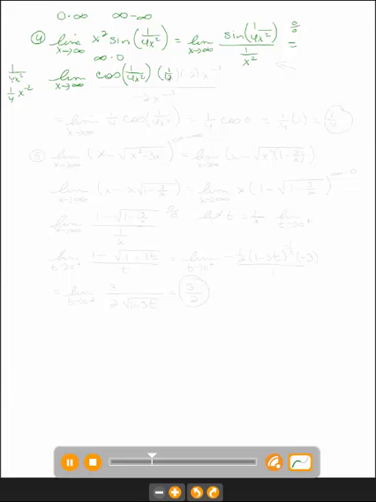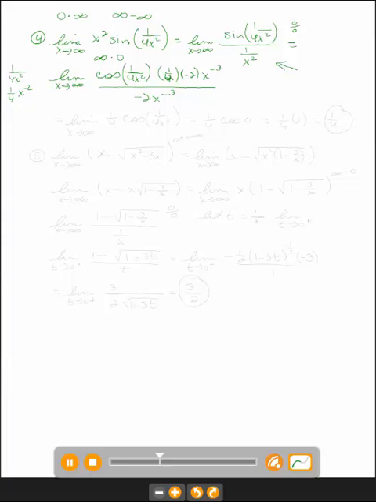So its derivative would be 1/4, pull the negative 2 in front, x to the negative 3, one less power, all over the derivative of x to the negative 2, which would be negative 2 x to the negative 3.